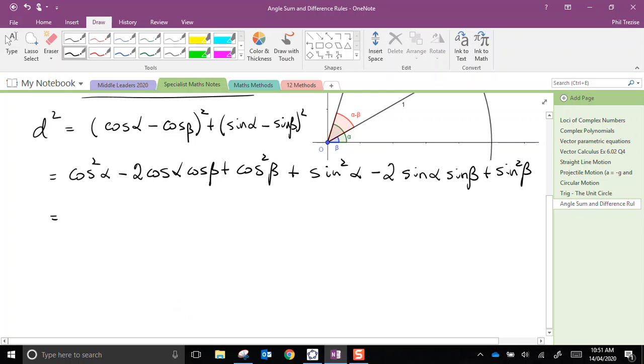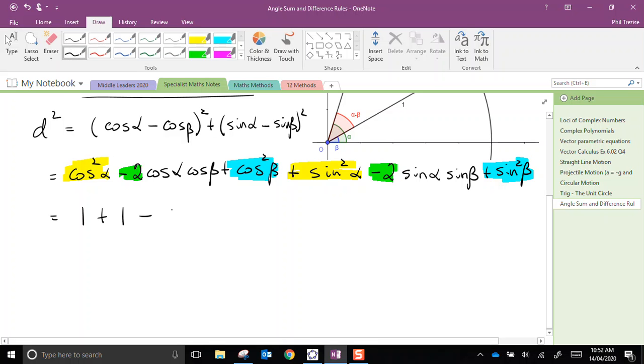Let's take a little bit of a look here. I notice I have cosine squared alpha, and then over here I have plus sine squared alpha. Now that's the Pythagorean theorem, so those two terms together would equal 1. Then I've got cosine squared beta, and over here I have plus sine squared beta. That's the Pythagorean theorem again. Now there is a common factor of -2 on these remaining two terms.